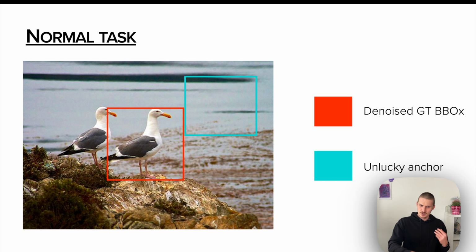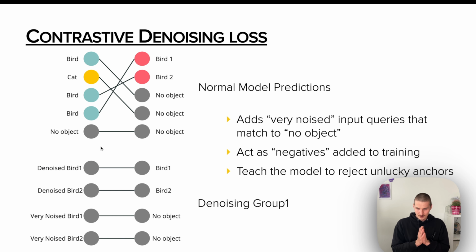And this is not what we do in denoising. So this is basically saying that in denoising training, we have positives, where we have a good anchor, and we ask the model to treat it as a good anchor and arrive at the ground truth object. But we don't have the second, negative example where the anchor is bad, so don't even try to predict anything.